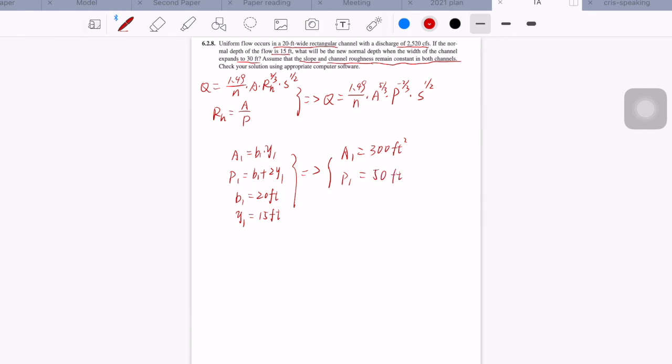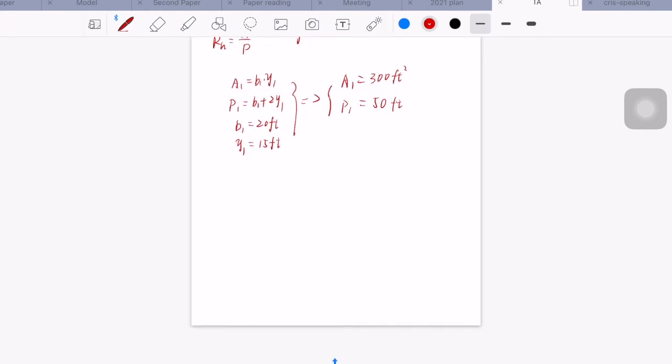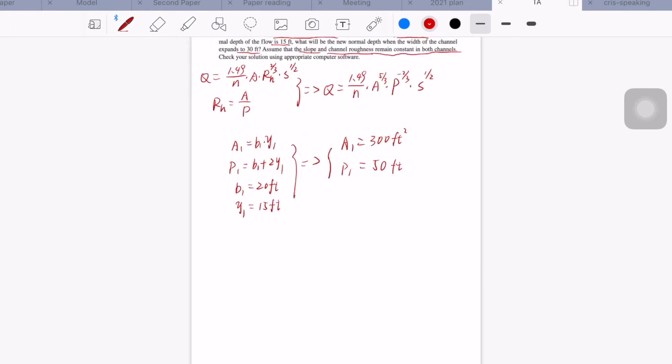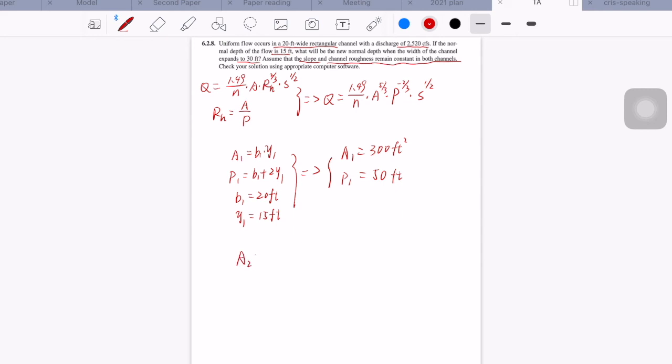And for the second rectangular channel, A2 equals B2 times Y2, and P2 equals B2 plus 2 times Y2. The Y2 is the new normal depth that we need to determine.